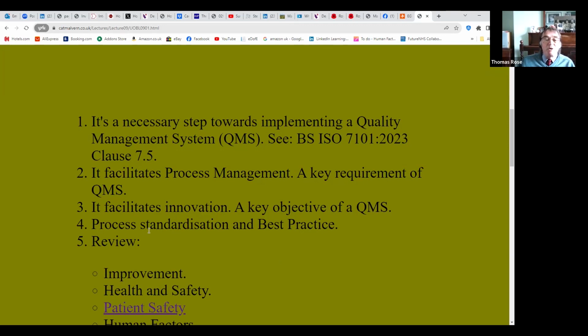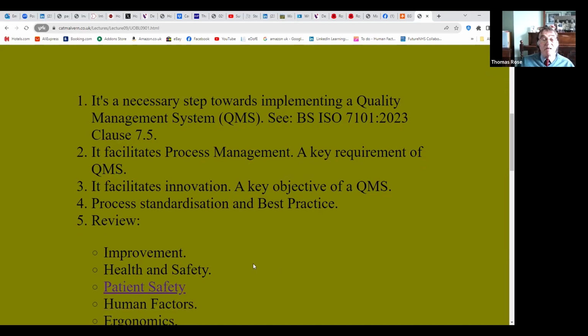It enables process standardization and best practice, and there's lots of reasons why you want to have more standardization, and one of them is to facilitate IT and AI. If everybody is doing things differently, then it's impossible for computer programmers to understand what the customer really wants from their applications.